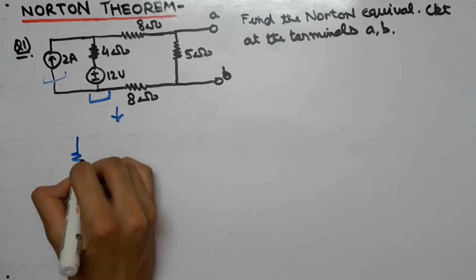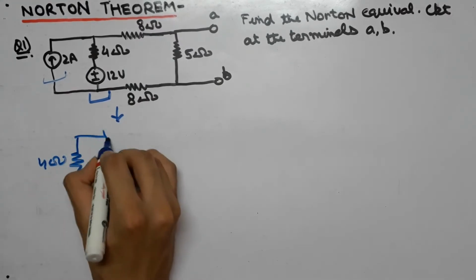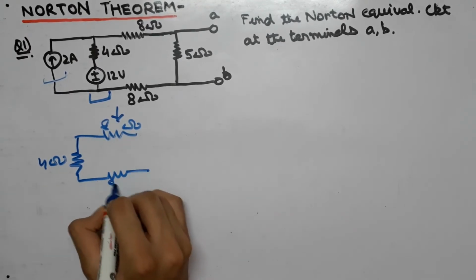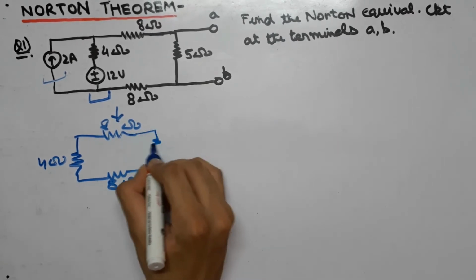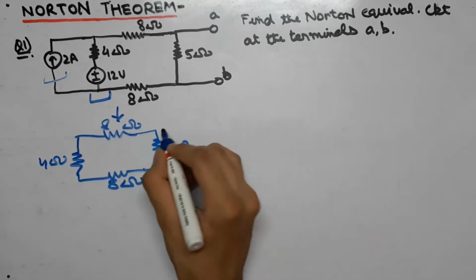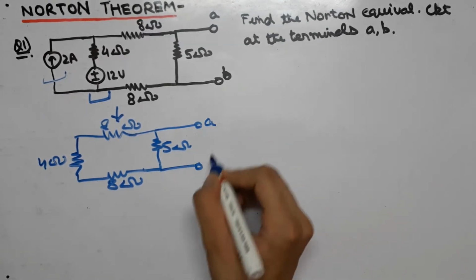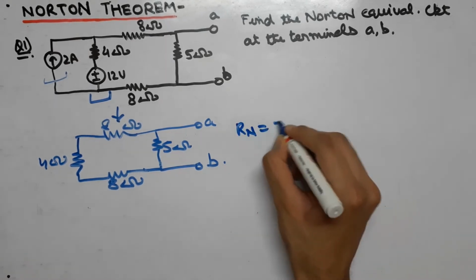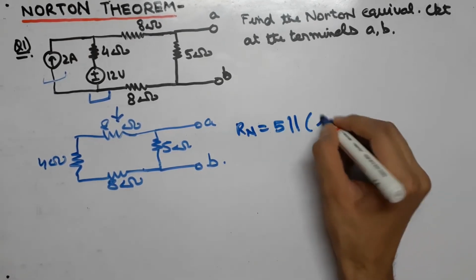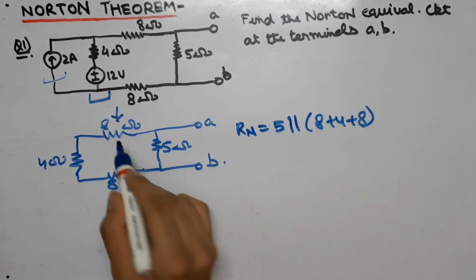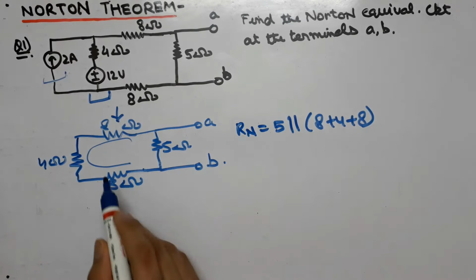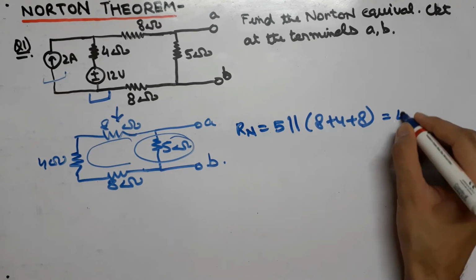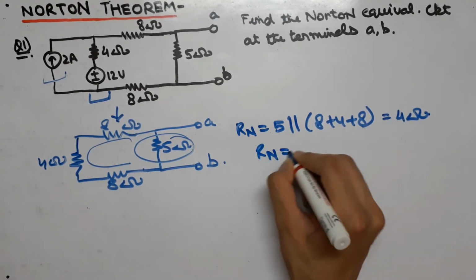That is, we will have the 4 ohm resistance in series with the 8 ohm resistance and the 5 ohm resistance across the terminals A and B. Now here we will find the equivalent resistance Rn by solving the 5 ohm in parallel with 8 plus 4 plus 8, as these three resistances are in series and they are in parallel with the 5 ohm resistance. So from there we will get Rn to be 4 ohm.